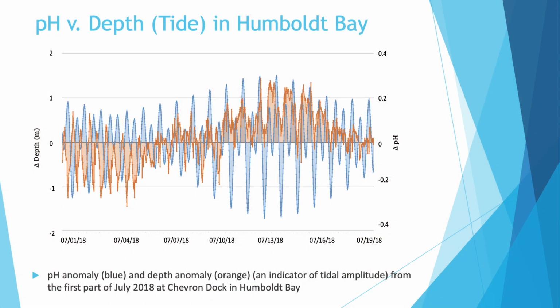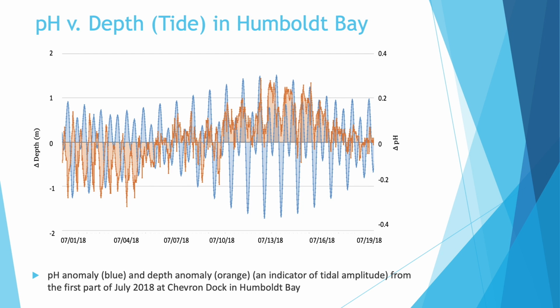Here's another diagram, very similar, but this one we see a longer time period. And so we can see early on, right here, where we have that same signal. So we have the pH being opposite to the tidal flux. And so when there's a low tide, there is a high pH and vice versa.